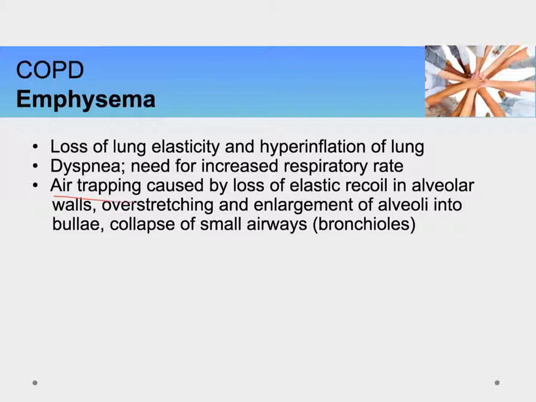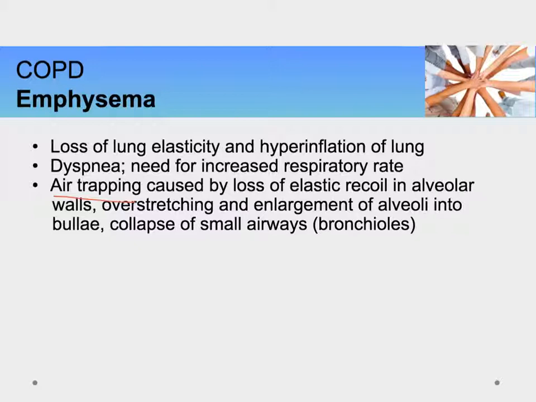Air trapping is a common term that you'll hear when referring to emphysema. It means that there's an increased amount of air trapped in the lungs. Causes of air trapping are loss of elastic recoil in the alveolar walls, overstretching and enlargement of the alveoli into an air-filled space called a bullae, and the collapse of the small bronchioles.